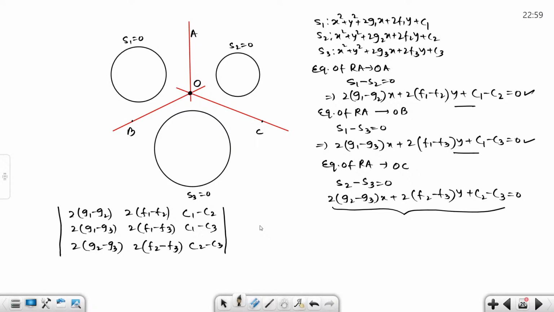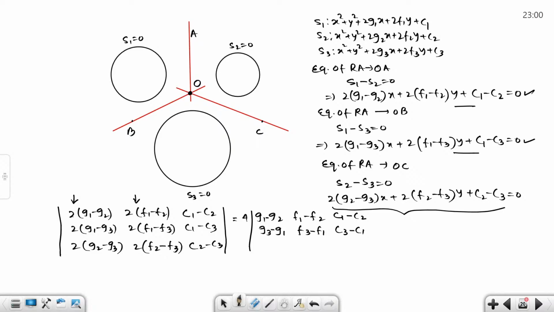So now I am applying some properties of determinants. I am taking 2 common from the first column and the second column. Then we are writing this as G3 minus G1, F3 minus F1 and C3 minus C1.